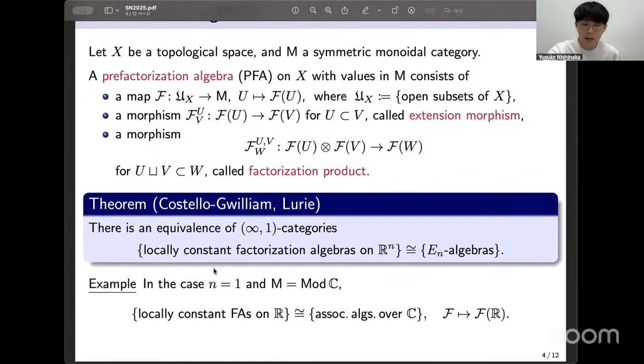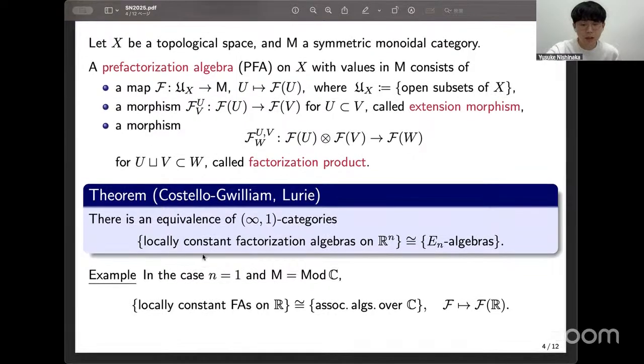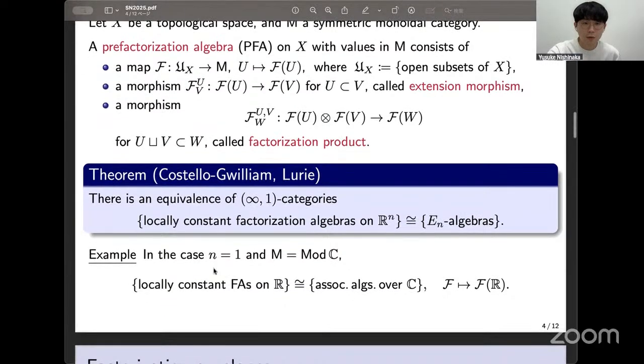And there is an important class of factorization algebras called locally constant. The fundamental result about them is that there is an equivalence between locally constant factorization algebras on R^n and E_n algebras. In the case n equals 1, this means a categorical equivalence between locally constant factorization algebras on the real line and associative algebras.